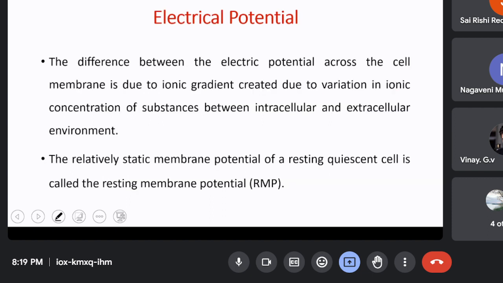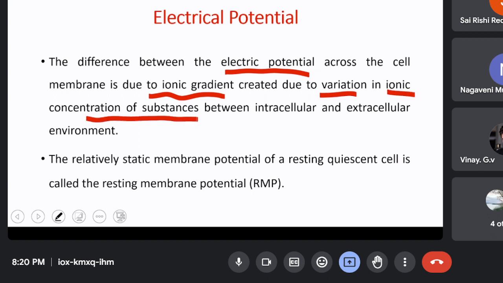Generally, the electrical potential across the cell membrane occurs due to only the ionic gradient, which is created by the difference in ionic concentration of substances between intracellular and extracellular environments.